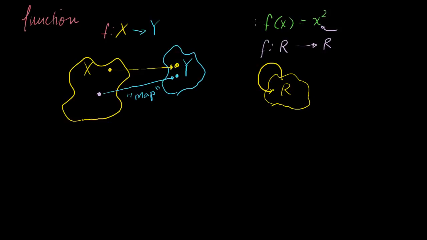But the mathematical definition I'm introducing here is more that I'm associating x with x squared. And this is another function notation for writing this exact same thing. These two statements right here are identical.